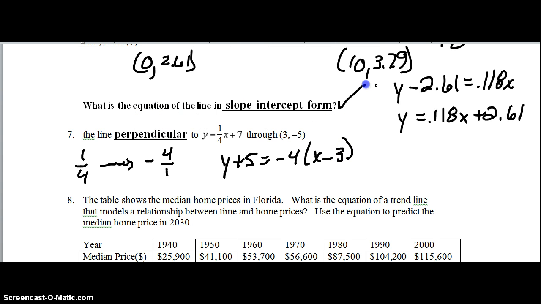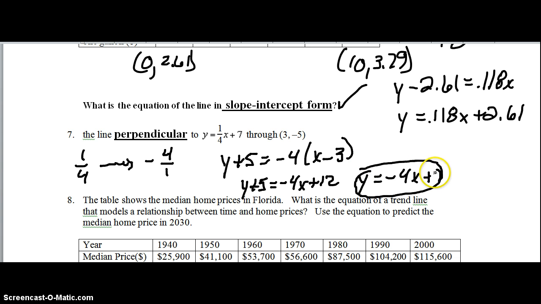And they want it in slope-intercept form. In other words, solve for y. Get y by itself. It should be a 7, by the way.